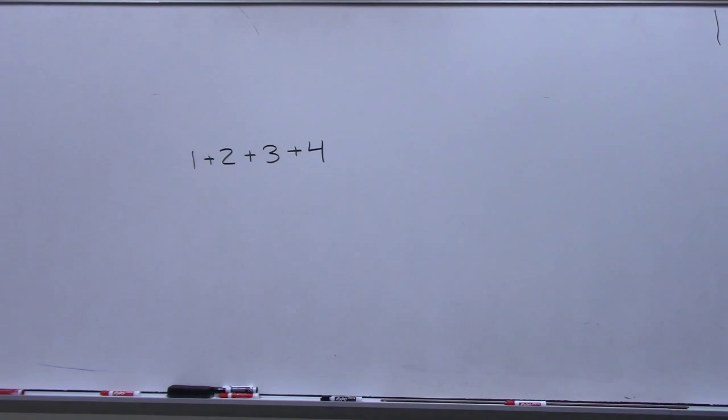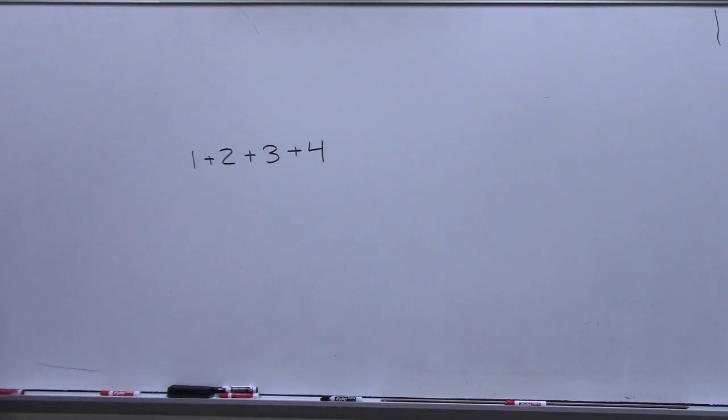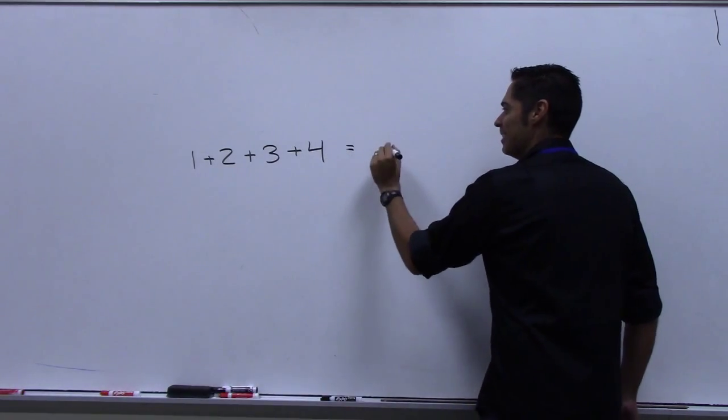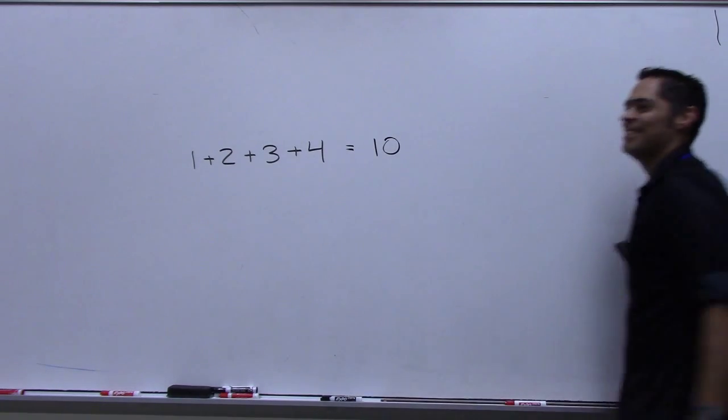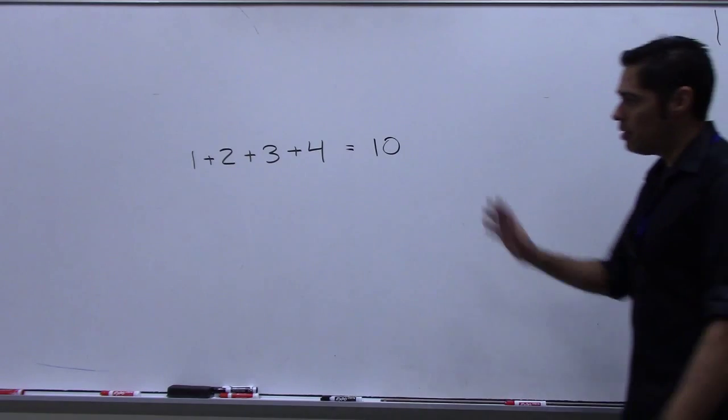And the little first graders sat there and broke out their phones. No, wait, they didn't have phones. They didn't have calculators. So what did they do? They sat there for a second and then they said what? 12. Okay, right? 10, yes? So the teacher says, all right, very good, class.